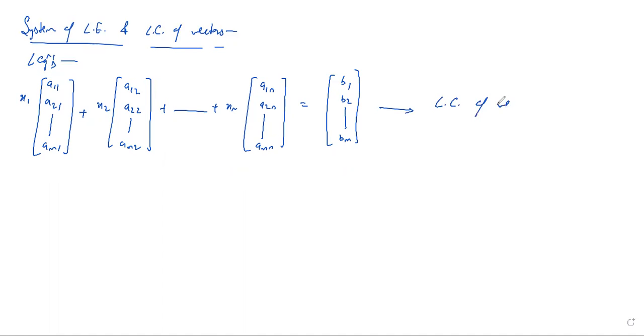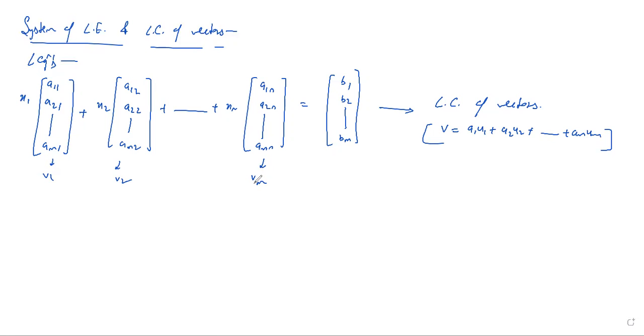Linear combination of vectors, like v equals a1 u1 plus a2 u2 to am um. Okay, so that's how we can write the linear combination. So I can write the corresponding linear combination here. Let's say this is my vector v1, this is v2, and this is bm.